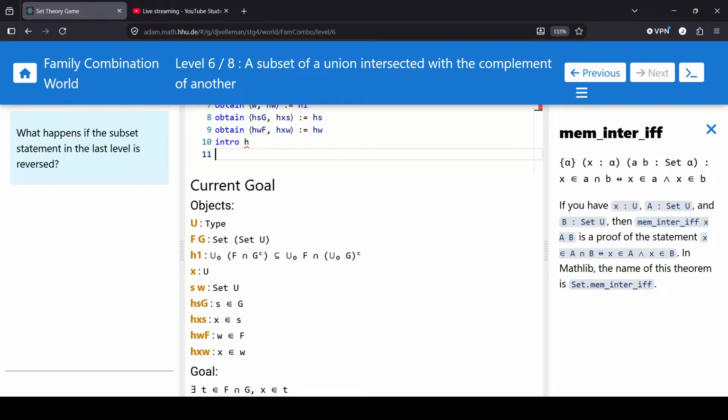So if I want a member of F intersect G's complement, I feel like I have to assume that G's complement is a thing. Like I need to conjure it.